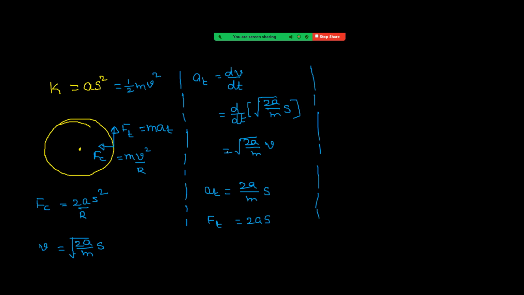So now we have to find the force on the particle, which is nothing but the resultant of these two. Between those two components, the angle is 90 degrees. So it is the square root of the sum of the squares. Then see how much we get here.